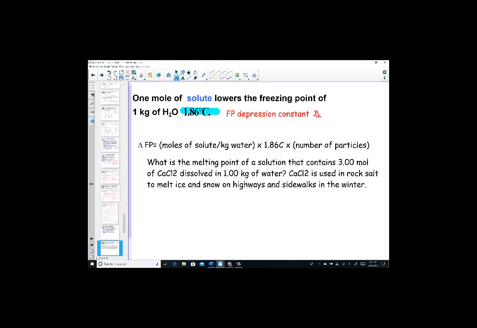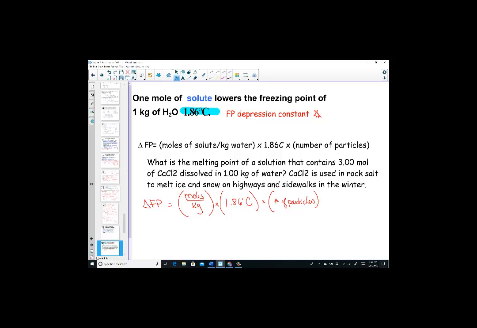So our formula, very similar. The change in the freezing point will be found by taking the moles of the solute per kilogram of water, that's our concentration unit, times the freezing point constant, 1.86 degrees Celsius, times the number of particles.